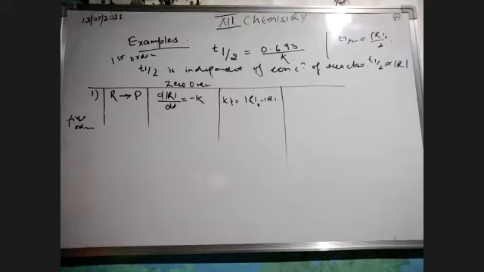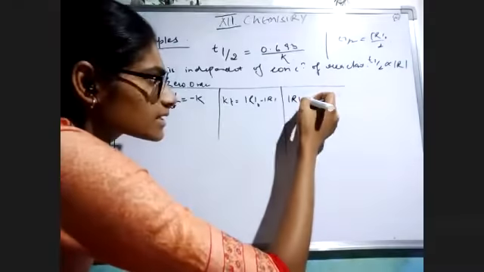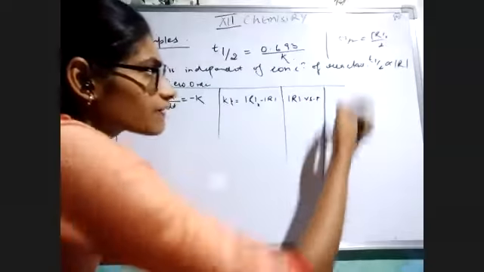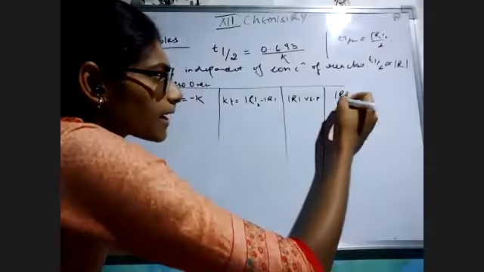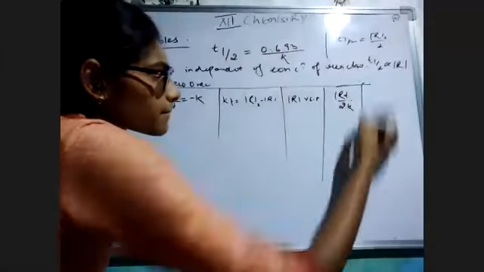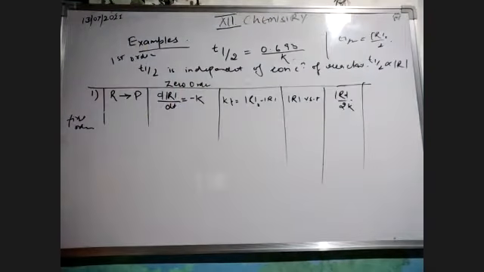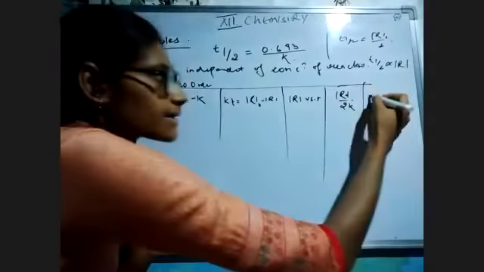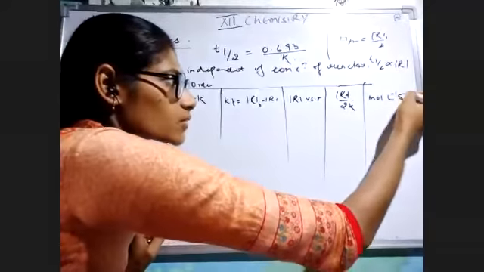Same as it is, we have done the differential equation, we have done the integrated rate equation, and we have also done the graph between R versus t. Half-life period was R0 by 2k. And finally, the unit would be mole per liter per second. Why is it so?